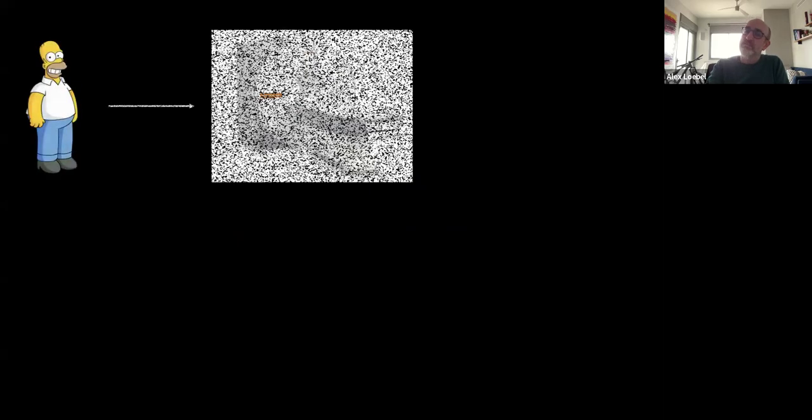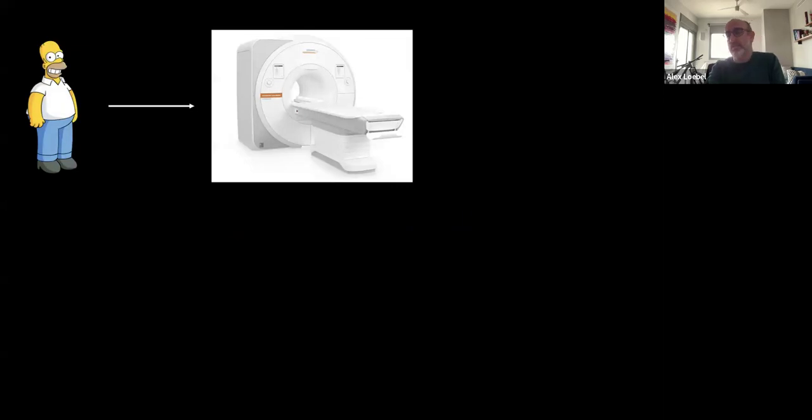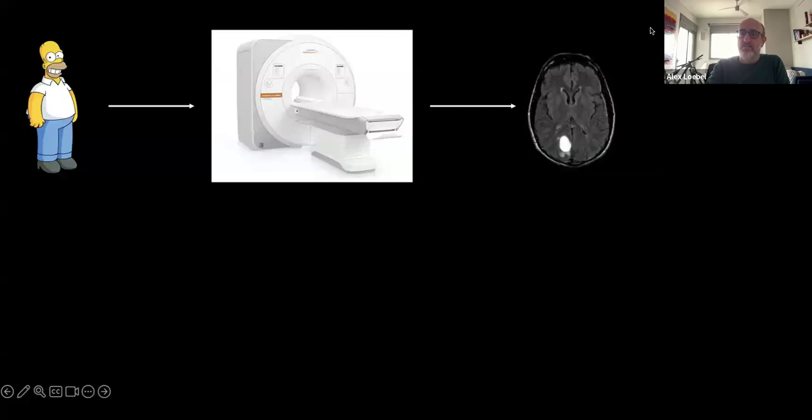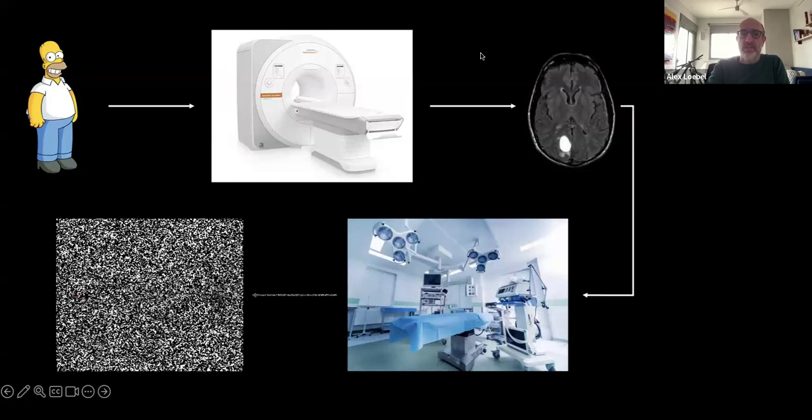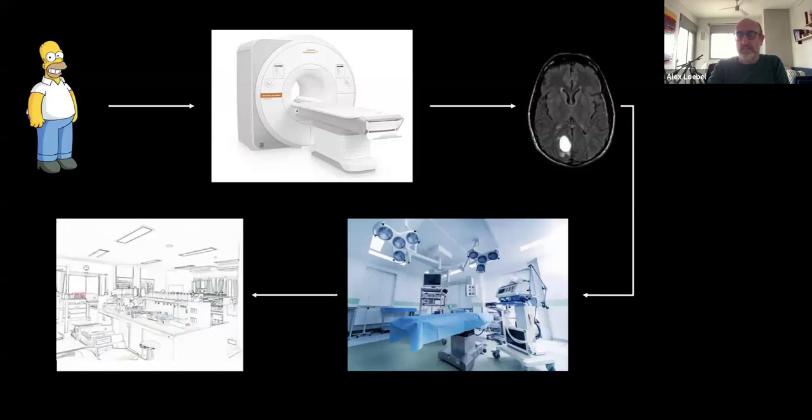You have a patient, he goes to a doctor, he says, I have headaches. The doctor sends him to do an MRI. The MRI finds that there might be a problem. Then there's a surgery, and a biopsy is taken and goes into the lab. In the lab, the tissue or the specimen or the biopsy is pre-processed and prepared into this purple color tissue on a slide.